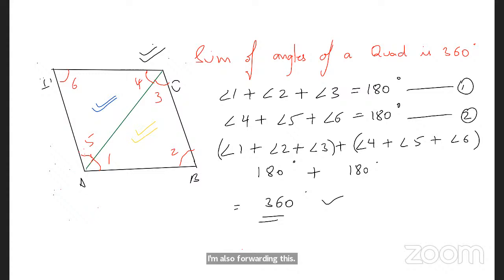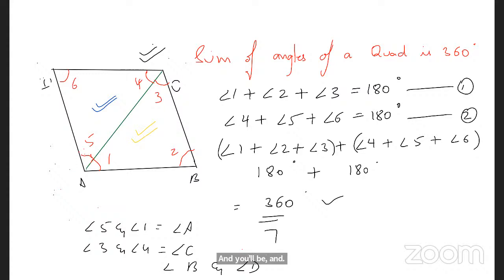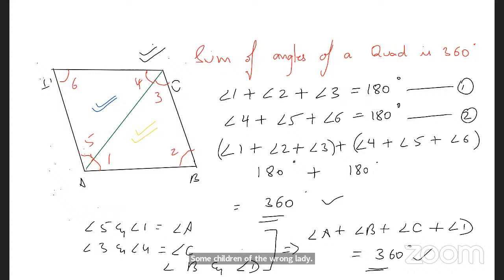So angle 5 and angle 1 is together angle A. Then we have angle 3 and angle 4 is angle C, and we have angle B and angle D. So the total of it all, that is angle A plus angle B plus angle C plus angle D, the sum total of it all will be 360 degree.